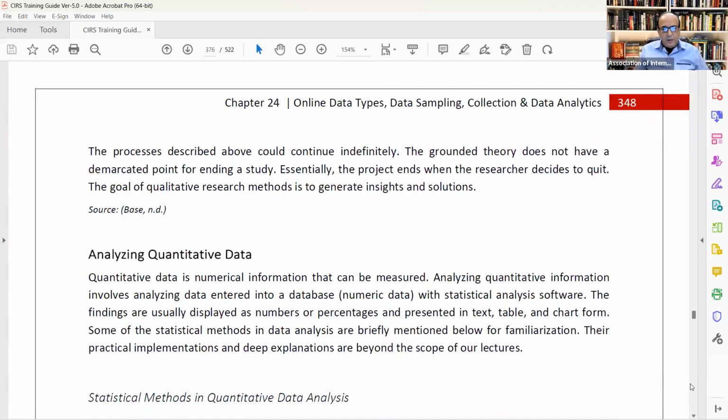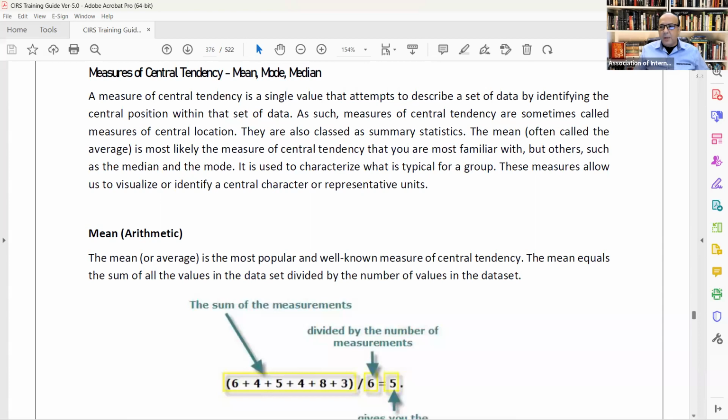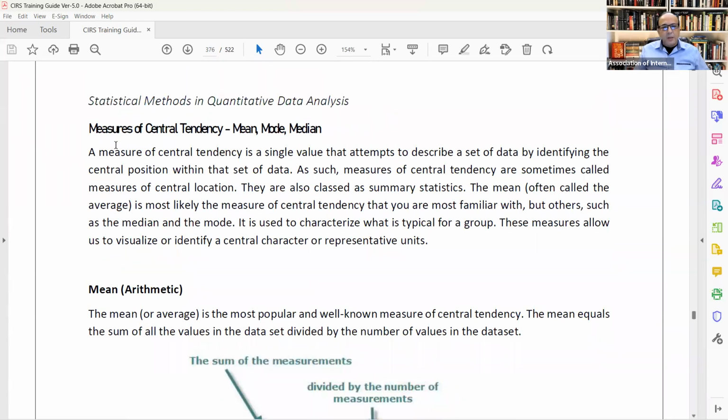So anyway, in quantitative data on the analytics side, we are looking at statistical methods. And before I start with statistical methods, some of you might be uncomfortable thinking that you'll have to do calculations, or you have to actually learn statistics from this, or you're revisiting statistics.